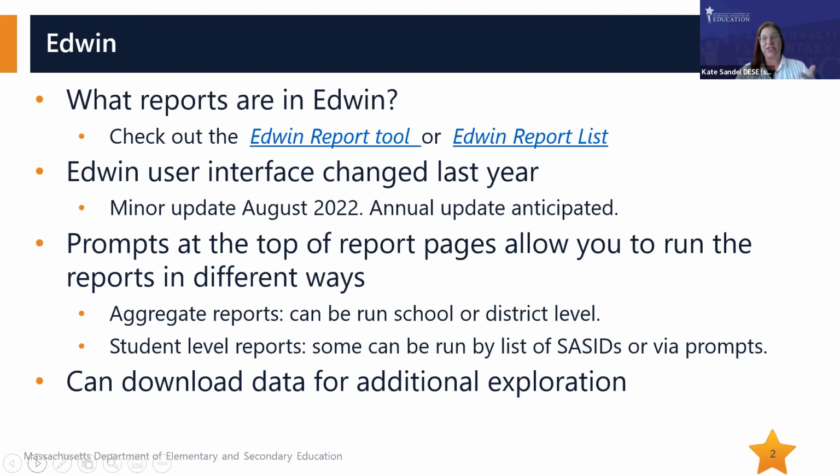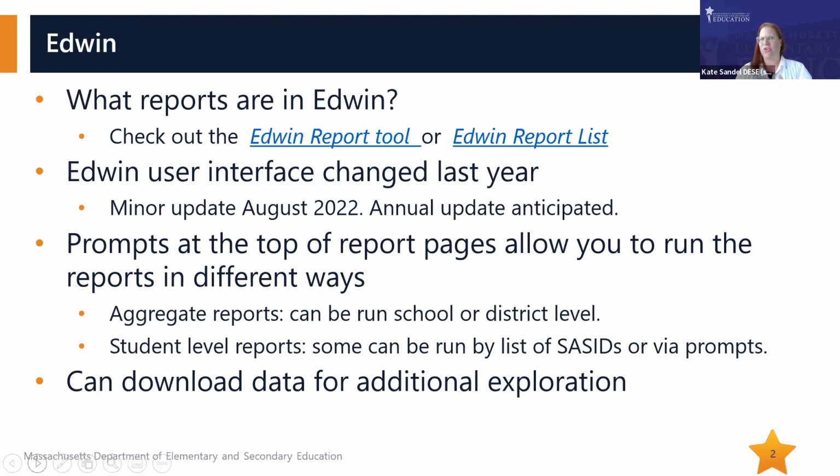One of the changes, if it's been a while, is we have the prompts at the top of the report page, and those allow you to run the reports in a lot of different ways. We have aggregate reports that can be run at the school or district level, and I'll show you that, as well as student level reports, which can be run by a list of SASIDs or via prompts where you say, hey, give me all my 9th graders at one particular school.